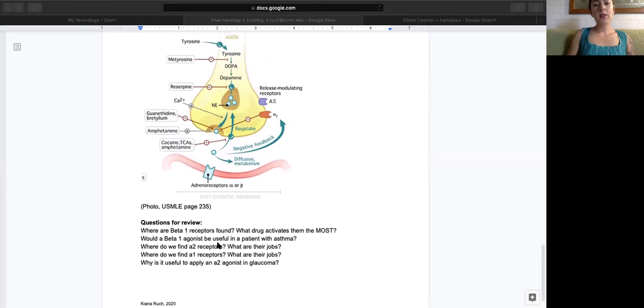Why is it useful to apply an alpha-2 agonist in glaucoma? Well, in closed angle glaucoma or acute glaucoma, we have this buildup of aqueous humor, right?